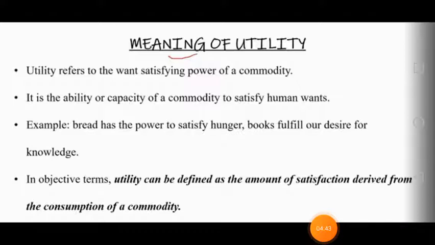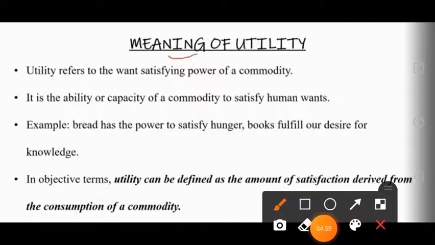So I welcome you all to the very first topic, that is the meaning of utility, in chapter number 2, consumer equilibrium. So what is the meaning of utility? Utility refers to the want-satisfying power of a commodity. It is the ability or capacity of a commodity to satisfy human wants.